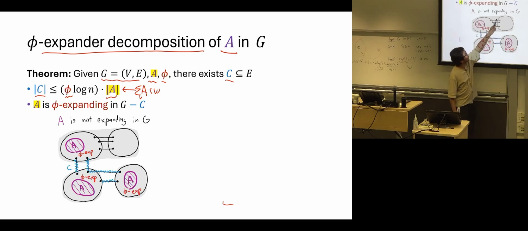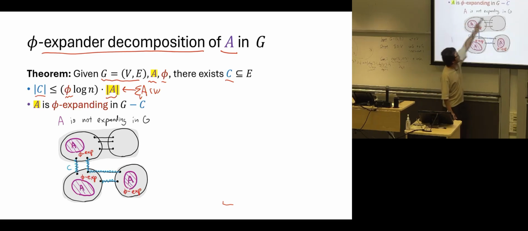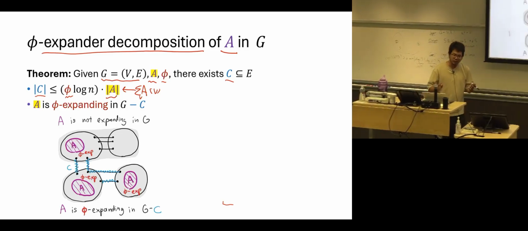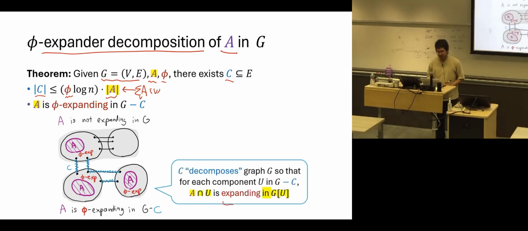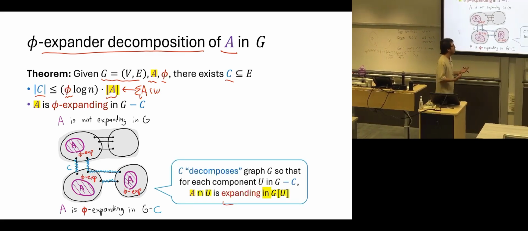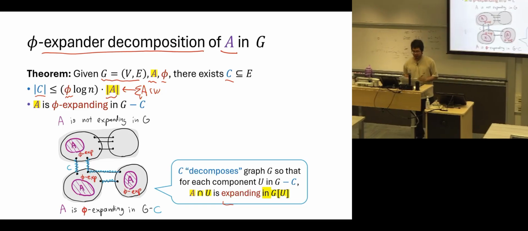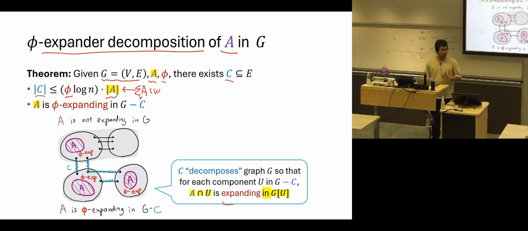Here there can be a sparse cut, but it's not a sparse cut with respect to A. So A is expanding in this part. You remove C so that A is expanding in G minus C. Again, C decomposes the graph so that A becomes expanding in each connected component. Now we're going to prove why this exists.